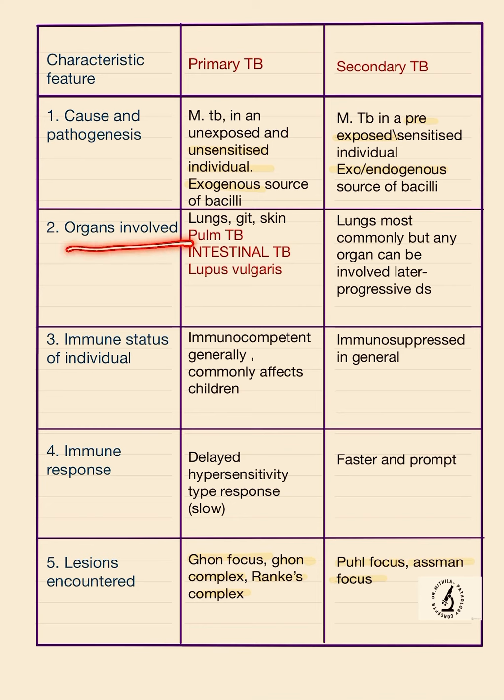Second is the organs which are involved. Primary TB generally involves the lung most commonly. Then if we consume contaminated milk containing Mycobacterium bovis, we can get intestinal tuberculosis. If it occurs primarily in the skin, it can cause lupus vulgaris. So these are examples of the organs which can get involved by primary TB.